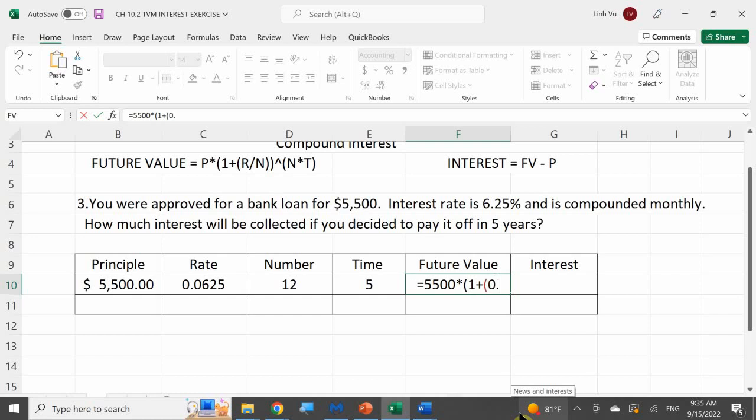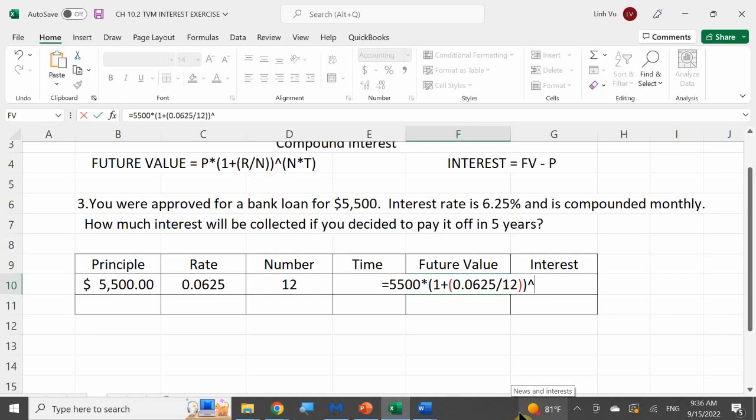That's 0.0625, and I need to divide this by 12 months because that's my number of times compounded. As you can see, I have 2 parentheses opened right now, a black one and a red one. So I'm going to close my parentheses, there's my first one, the red one, and then the black one. Okay? And then I need to hold shift and hit that number 6 to get the caret, because that's an exponent.